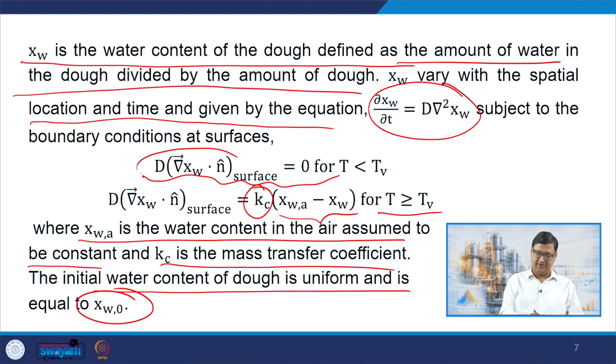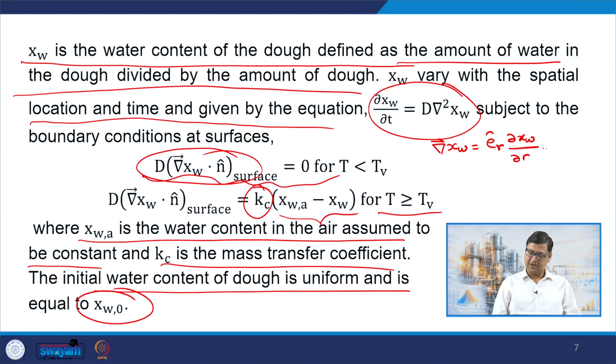So, again we have something like this. Again, from the same logic, at the top we can write del xw as something like e_r dxw/dr plus e_theta (1/r) dxw/dtheta plus e_z dxw/dz.